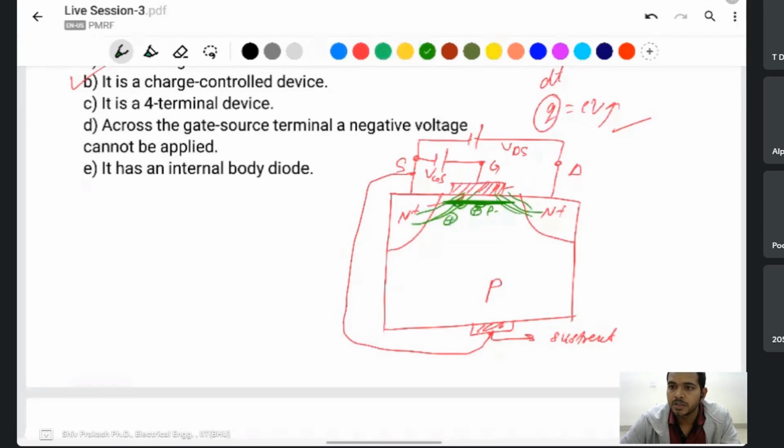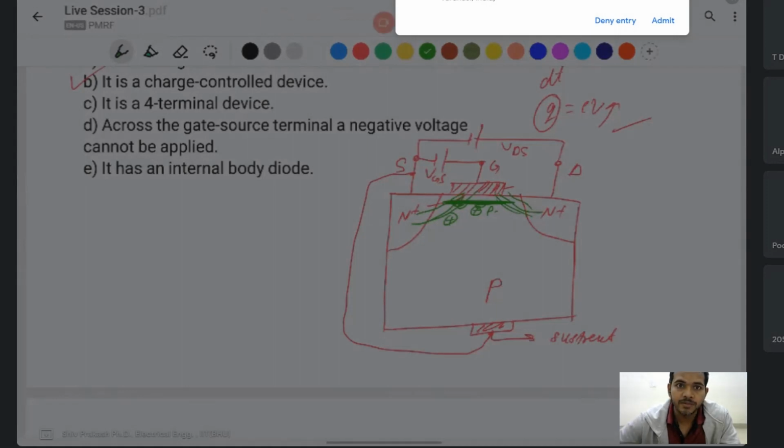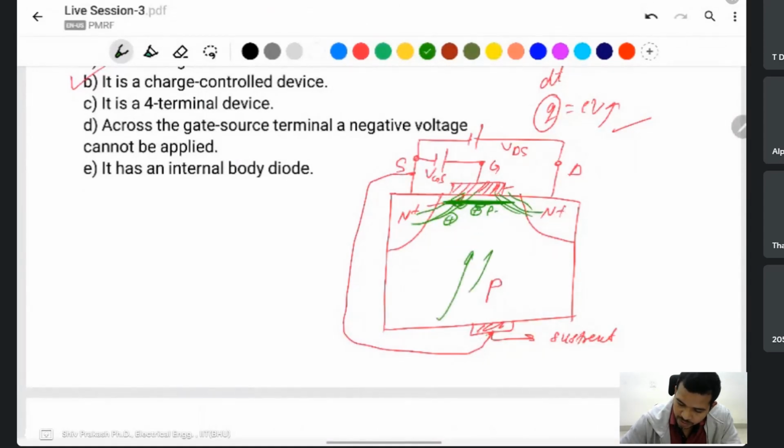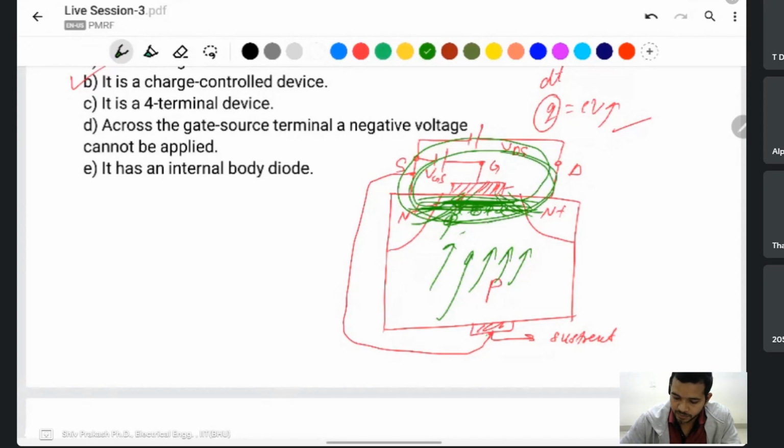The green layer is the inversion layer. That's why the source is connected to the substrate. Then the electrons neutralize here and form a channel between the drain and source, and current flows like that. That's why the substrate is connected to the source.